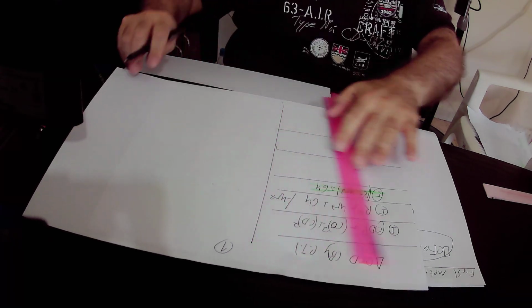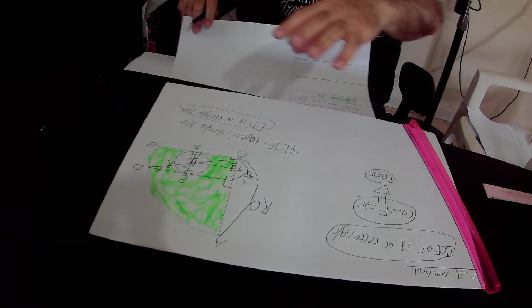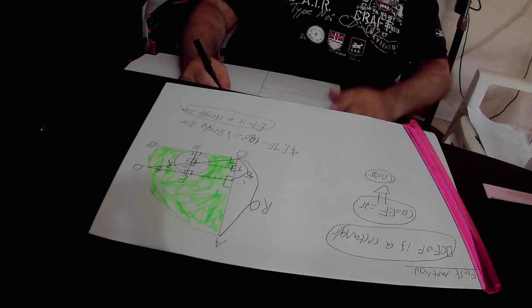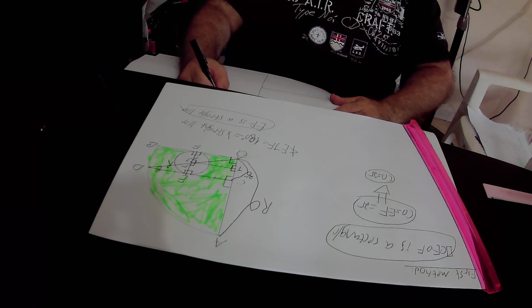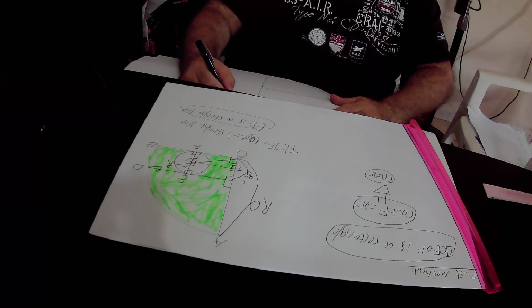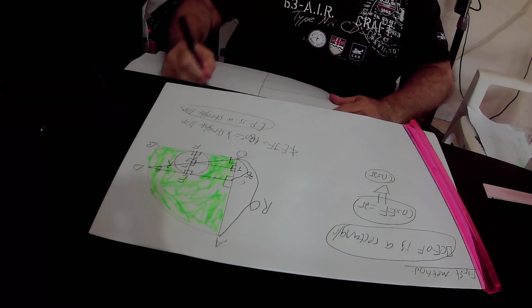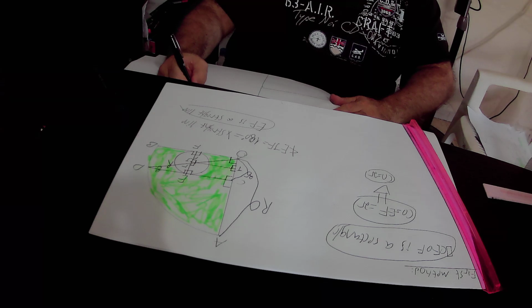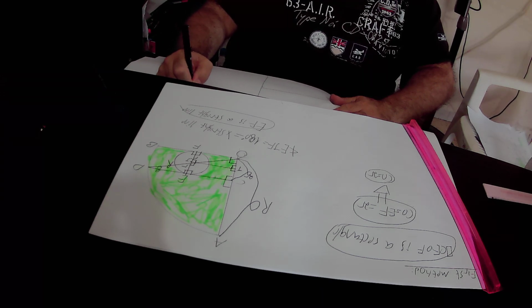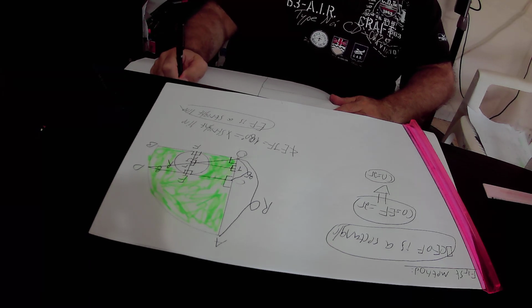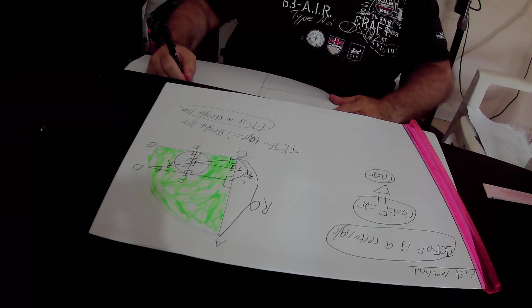The area of the green shape, it is very easy to see from the drawing, equals the area of the quarter circle minus the area of the small circle.